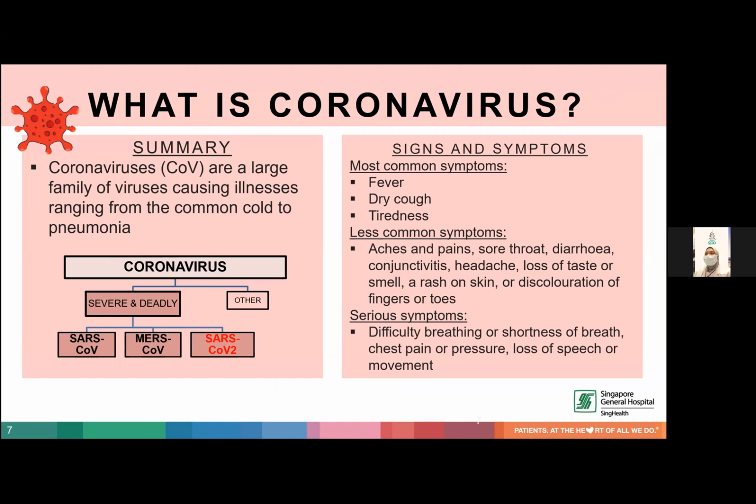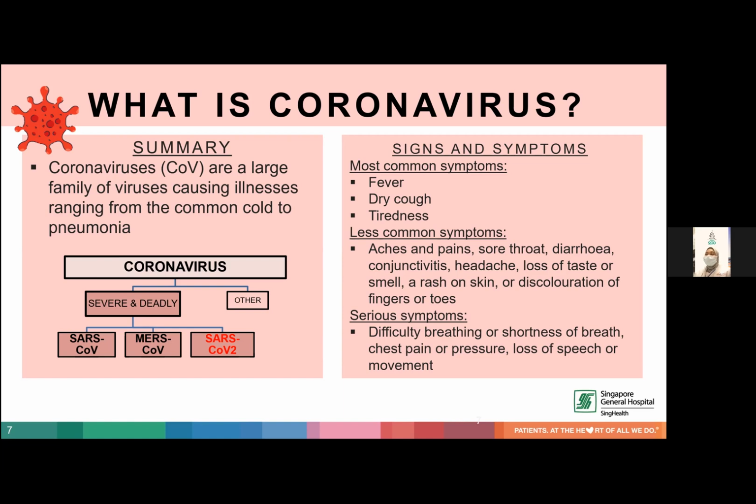Middle East respiratory syndrome or MERS-CoV was first reported in Saudi Arabia in 2012. Coronavirus disease 2019, or known as COVID-19, the first cases were reported in December 2019 in Wuhan, the capital of China's Hubei province.